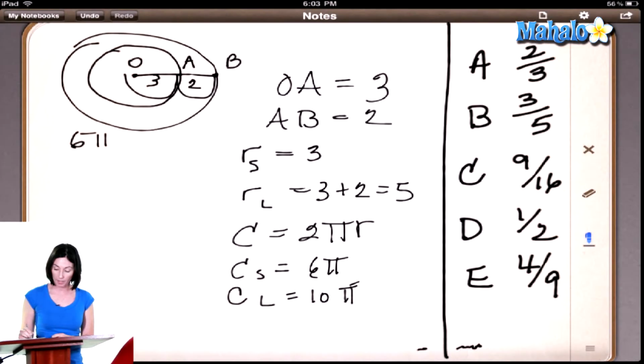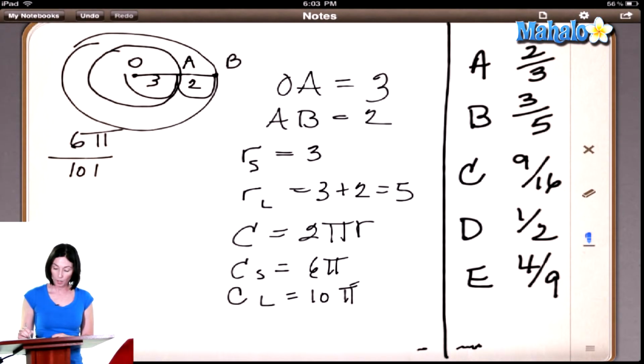That's correct. So we probably have to reduce the fraction. Well, what did they ask you? Did they ask you what the circumferences were, or did they ask you for something else? It's the ratio of the circumferences. Right, so how do you determine a ratio? It says to put the smaller one first, so 6 pi over 10 pi.